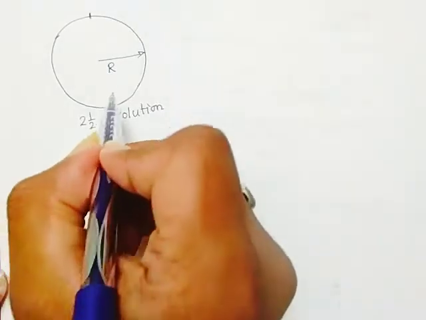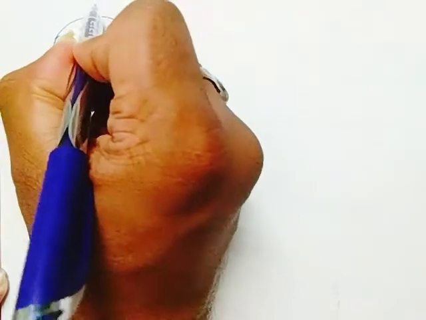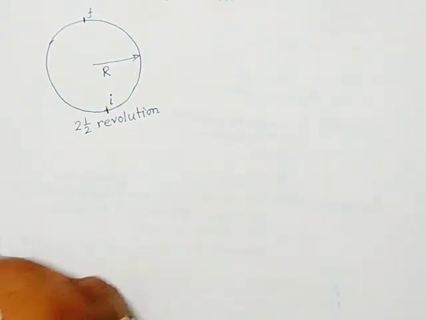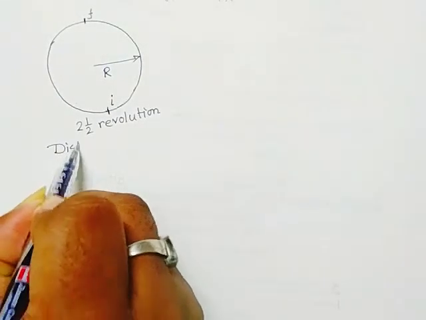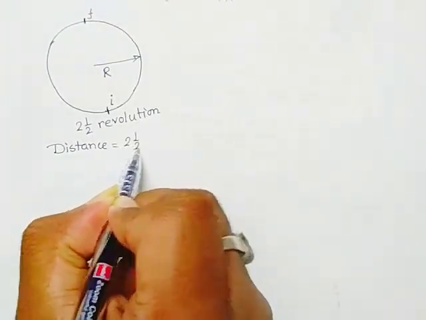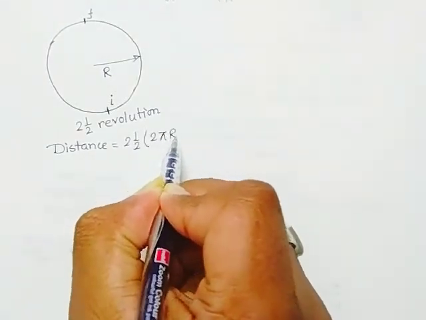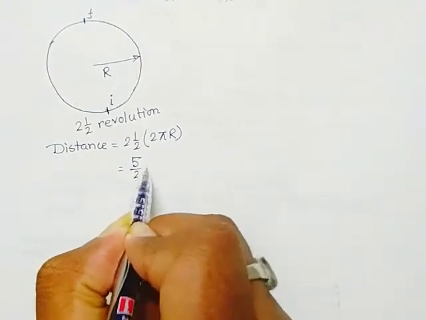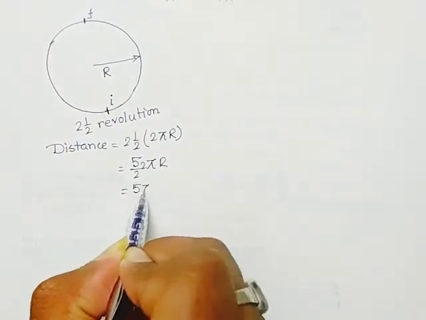So this is the initial point of starting and this is the final point. Now if I am concerned about the path length, that is the distance, the distance is 2.5 into 2 pi r. It will be 5 by 2 into 2 pi r, so it will be 5 pi r.